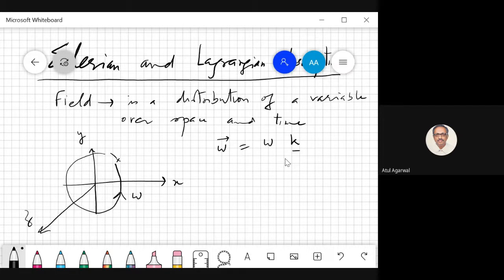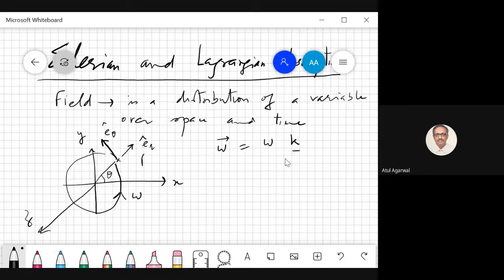Now what is this radial vector? You can connect it. This is ER. This is your radial vector pointing outward. This is your theta. And this is a tangential vector E theta. So you have got 3 unit vectors.